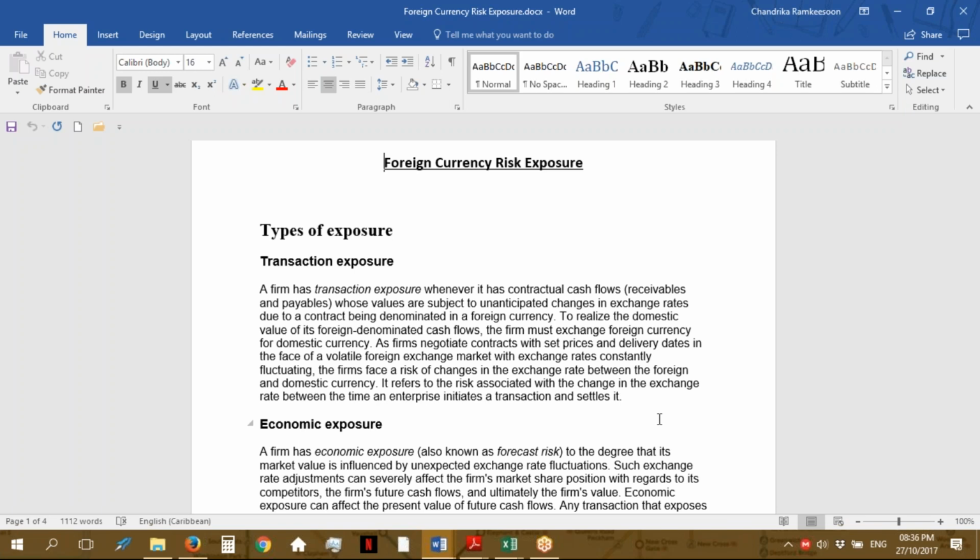It refers to the risk associated with the change in the exchange rate between the time an enterprise initiates a transaction and settles it. And again, this emphasizes that there must be a time period involved for there to be risk.